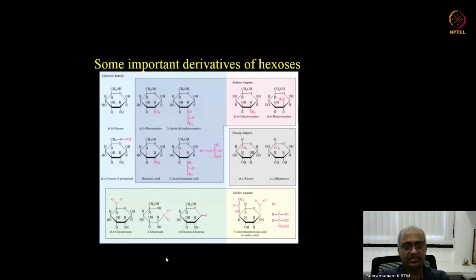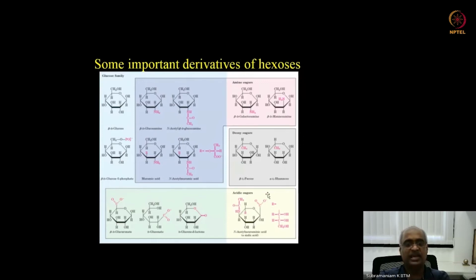In addition to these common derivatives, one other important component that we often encounter in our system, usually found in glycoproteins, is N-acetyl neuraminic acid. Do not confuse neuraminic with muramic. This is muramic, this is neuraminic. This is a 6-member hexose derivative, while this is a 9-carbon. So the R group has 3 carbons here.